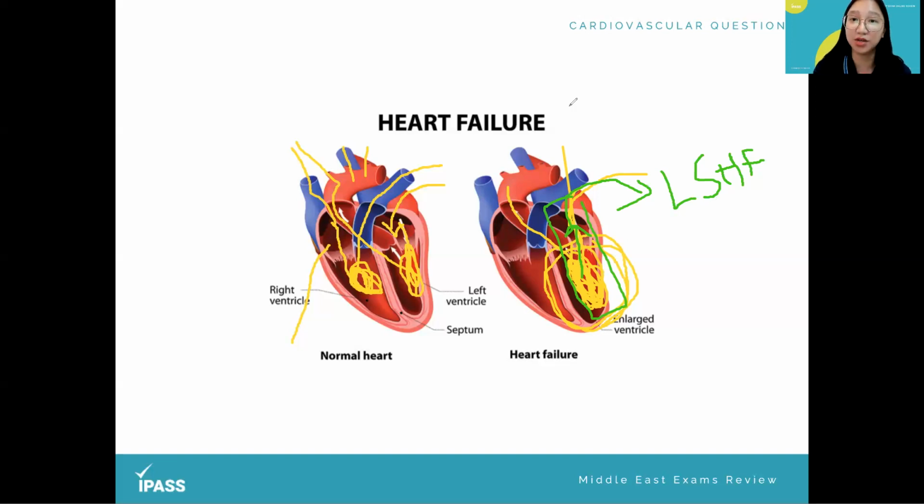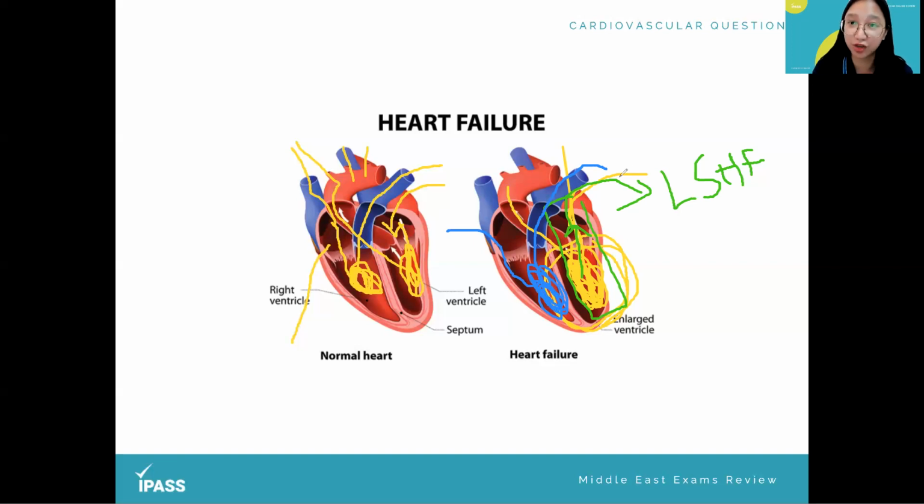Let's discuss now the right-sided heart failure. If the lungs are now congested, the blood from the lungs will go back to the pulmonary arteries, entering now the right ventricle. When the right ventricle has congestion of blood, why, dear nurses?